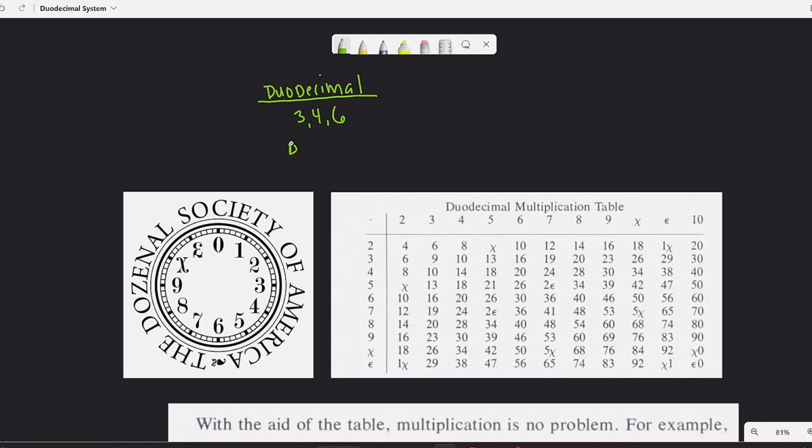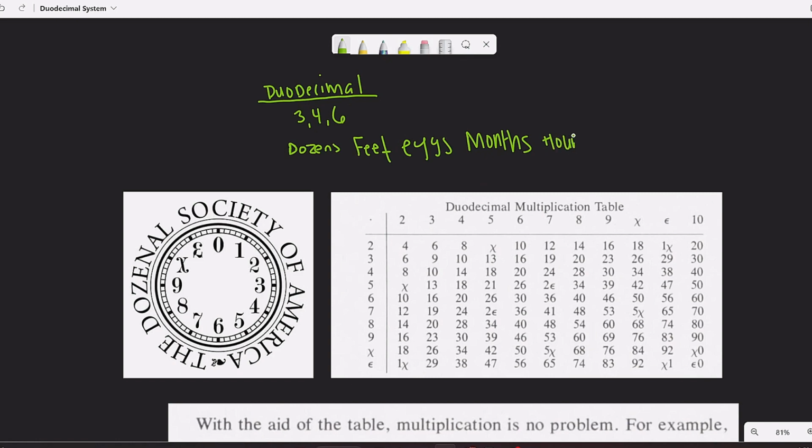And so that's why you might see the measurement of dozens used quite frequently. 12 is used in feet, so you have 12 inches. 12 is used in eggs, a dozen eggs. 12 is used in months. We have 12 months in a year. It is used in hours. We have 24 hours in a day, but it's usually shown on the clock as 12 and 12.